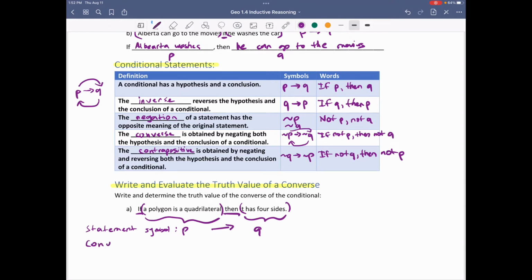So now we need to make that into a converse. And if we turn that into a converse, we need to negate both of the hypothesis and the conclusion. So we need to negate P, and we need to negate Q. Now, we will have to turn this converse symbol into the converse statement.